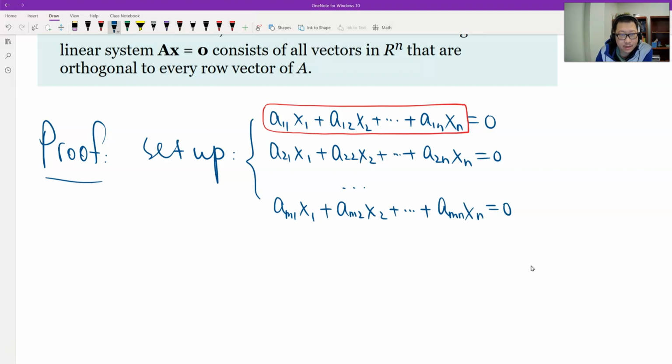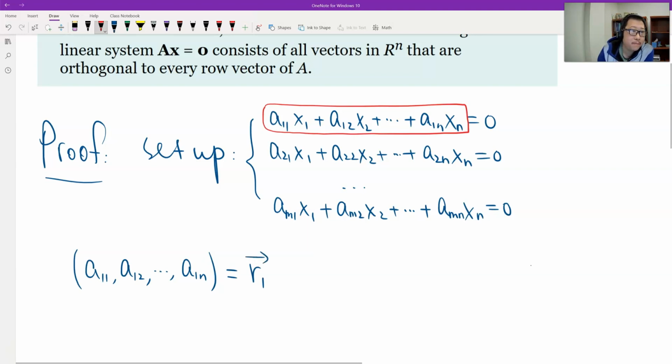If I take A11, A12, to A1n, that is a vector, and this is exactly the first row of matrix A. So let's say this is row 1.